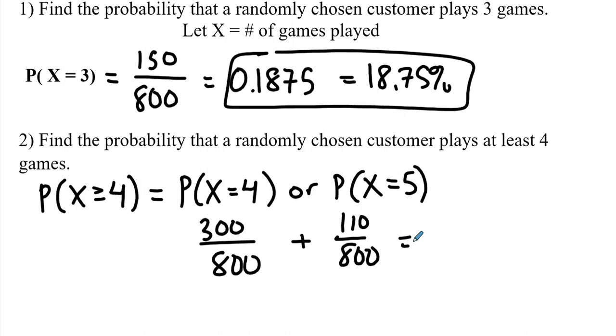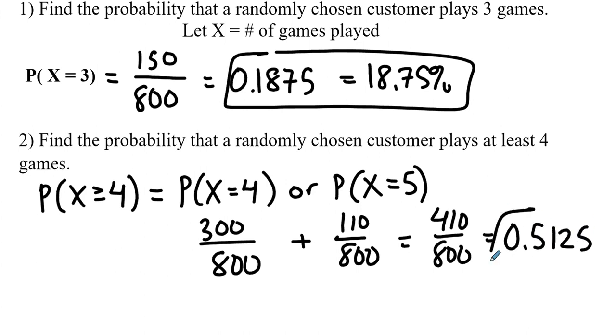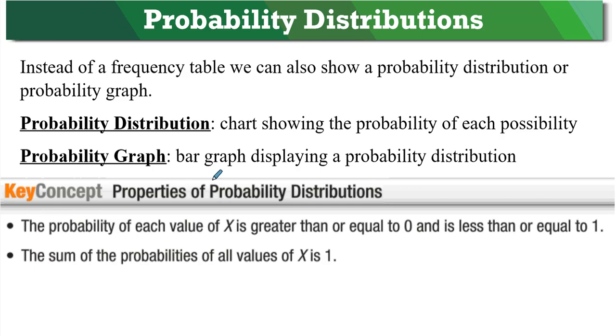Adding together, because it's a fraction with a common denominator, gives us 410 out of 800. Recall that or means addition in probability. That's something a little bit bigger than 50%, which turns out to be 0.5125. So about 51% of their customers play at least 4 of their games, 4 or more.